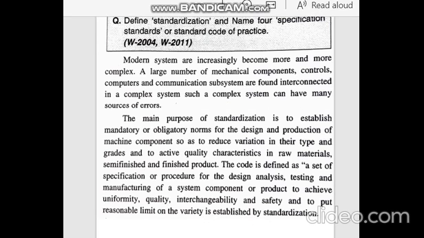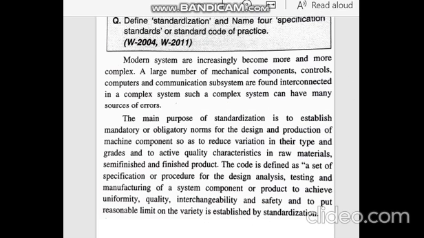And the definition of code is, it is a set of specifications for the analysis, design, manufacture, testing, and erection of the product. I'm repeating again, the definition of code is, it is a set of specifications for analysis, design, manufacture, testing, and erection of the product.